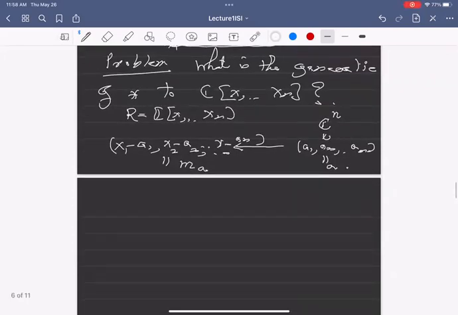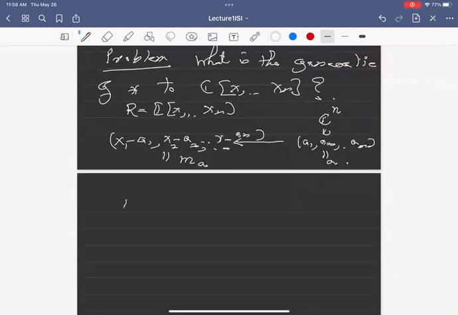Okay, we need to prove a couple of things. So MA is a maximal ideal. That is an easy fact.